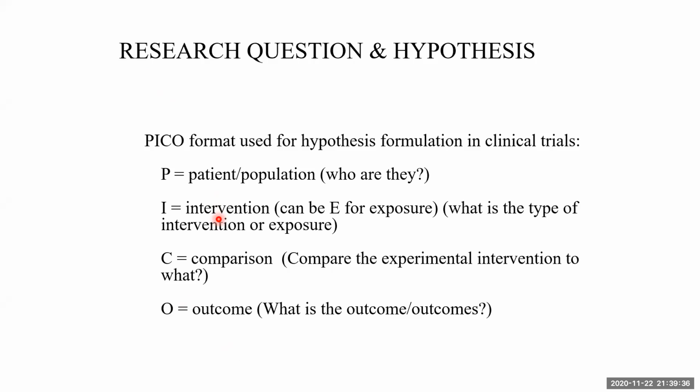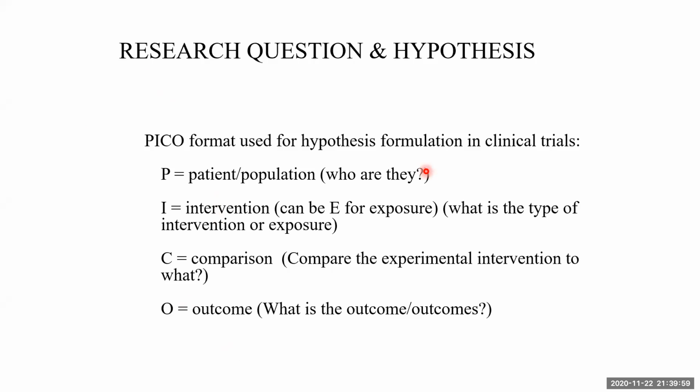So the research question should include patients or population. Who are they? For example, I'm working on patients. I should specify that they are patients presenting with signs and symptoms of reversible pulpitis. This should be specified in the hypothesis.